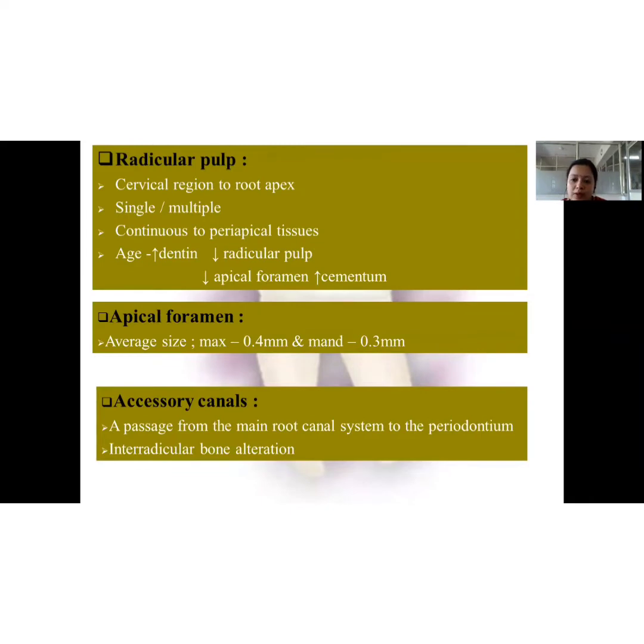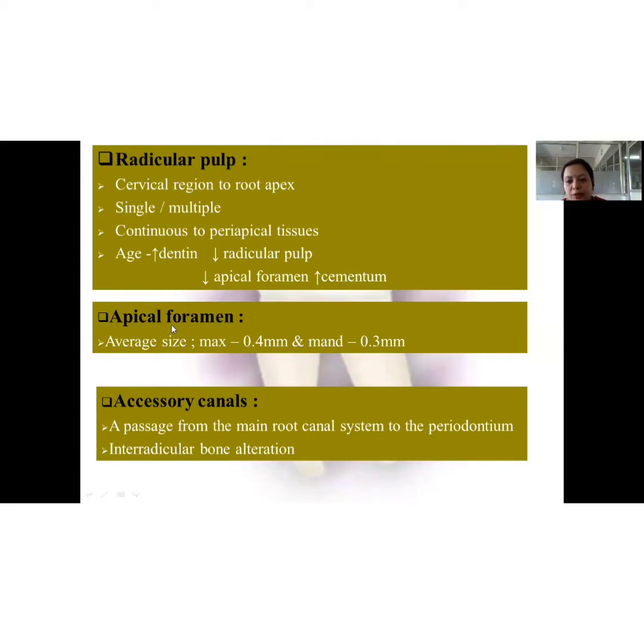Now the root part, that is the radicular pulp. The cervical region to the root apex is the radicular pulp. It can be single in anterior teeth, where there is a single root and single canal, and multiple in multi-rooted teeth like molars, where there are multiple canals. It continues to the periapical tissue. As the age advances, dentine increases, the radicular pulp decreases, the apical foramen becomes narrower, and cementum around the root increases.